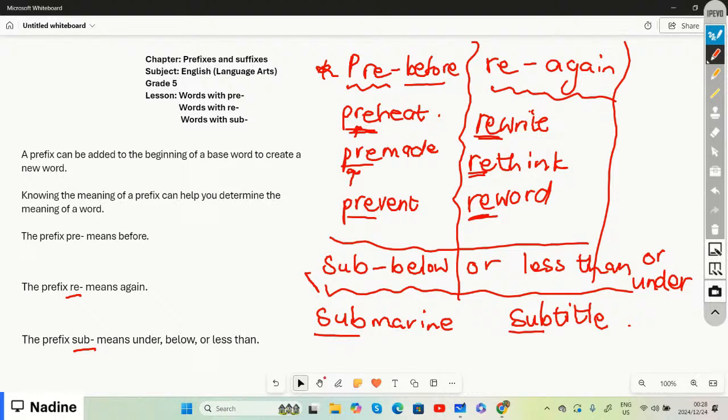right? So these are basically the three words, with the prefix pre, with the prefix re, and with the prefix sub.